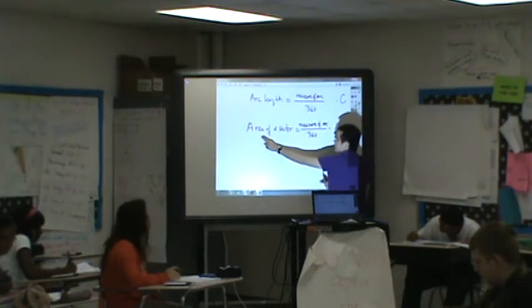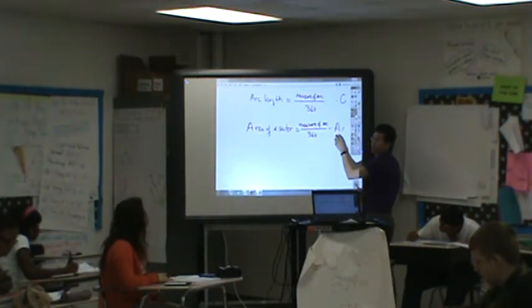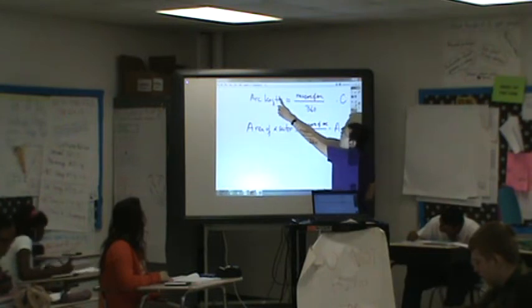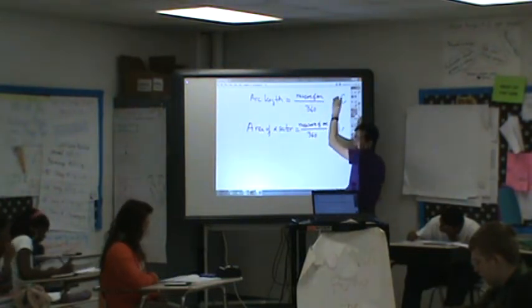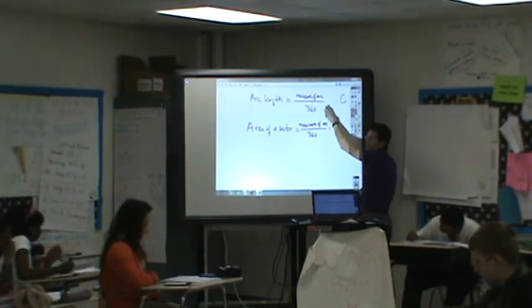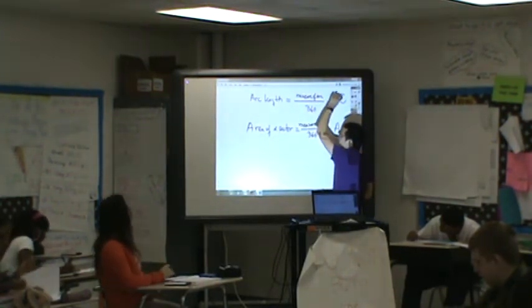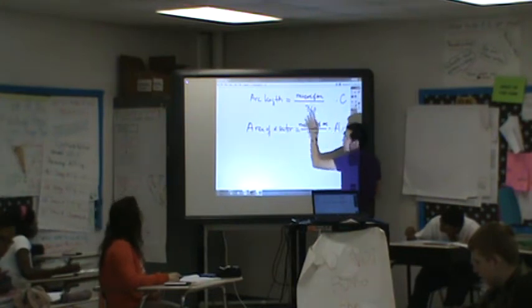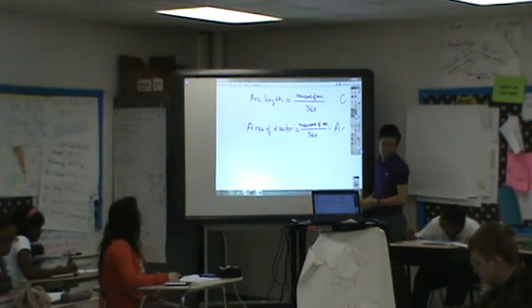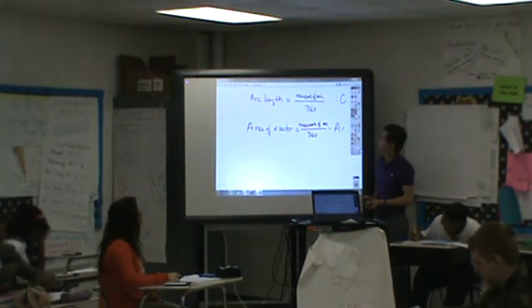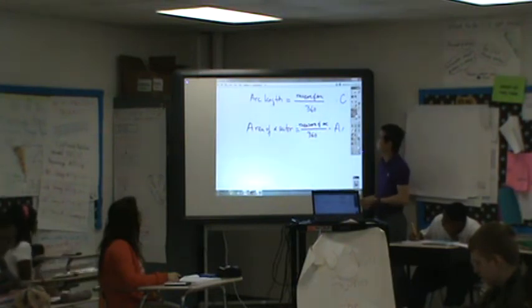Remember, the area of a sector is related to the area of the circle. The length goes with the circumference, because the circumference is how long you walk around a circle. So this is a partial of the circle, and this is the partial area of the circle. C is the circumference and A is the area.